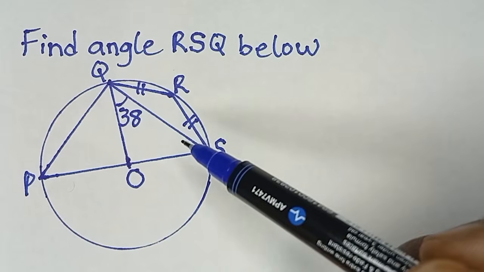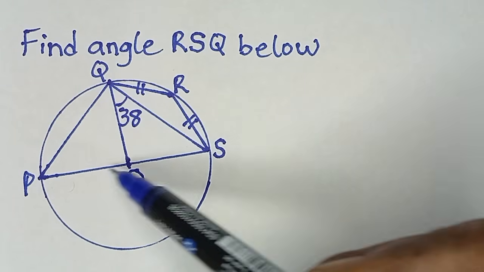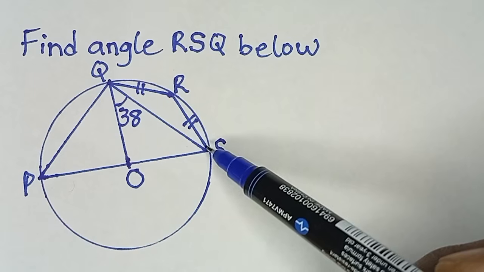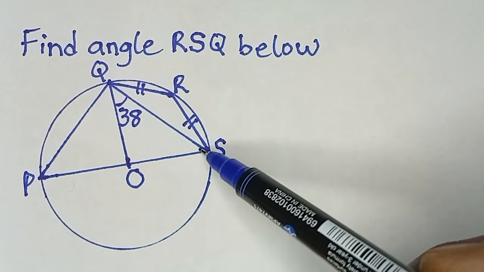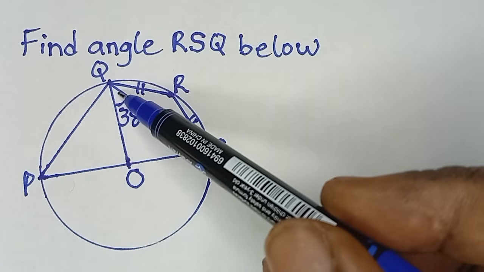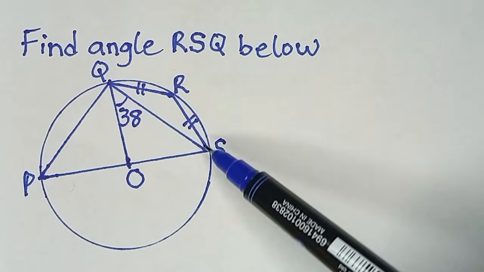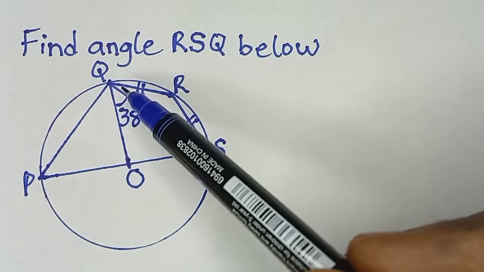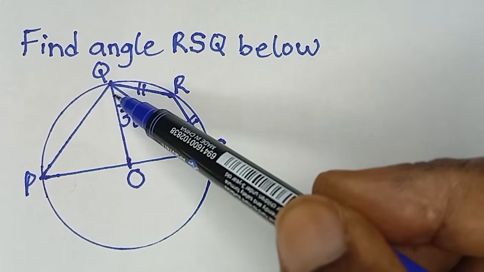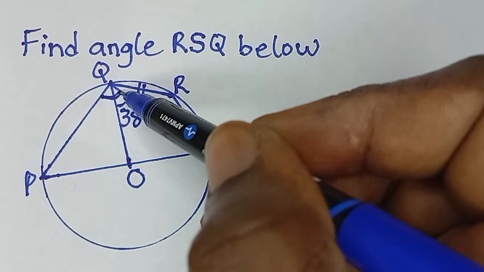That's why the theorem says that the angle in a semicircle is a right angle. This diameter makes it a semicircle. So the angle in a semicircle means the angle opposite the diameter line, which is this full angle with respect to triangle PQS. The whole of this angle is equal to 90 degrees.